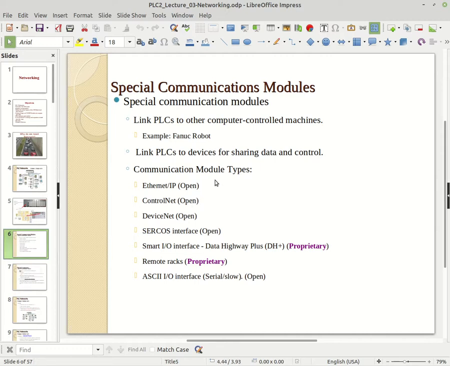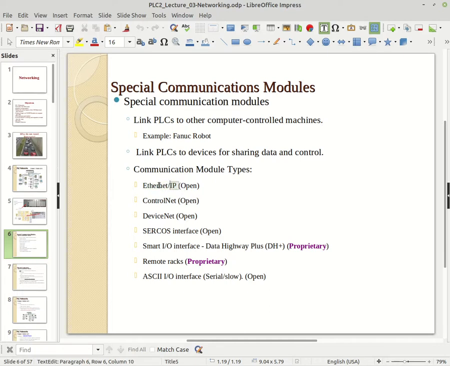So when we look at the different types of communication modules that are available, and this is not necessarily the complete list, but these are probably the most common. So number one, we have up here Ethernet/IP. Now, a lot of times you see IP, you think Internet Protocol, but actually when it's written like this it's a special subset of Ethernet for industrial protocol.